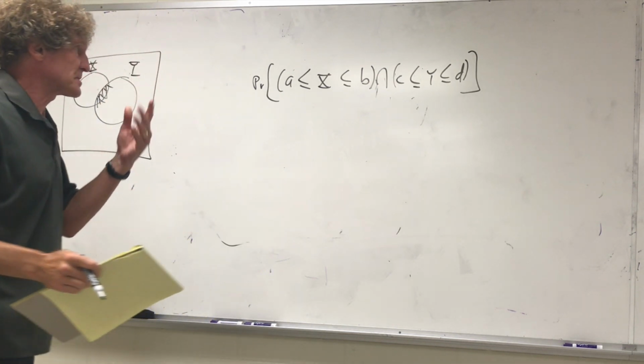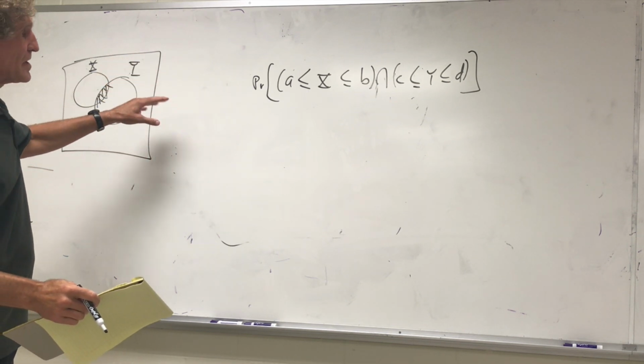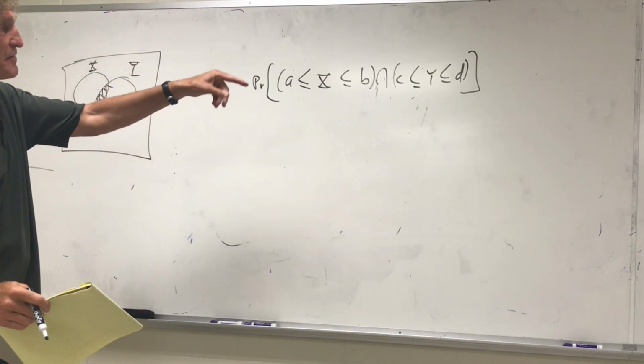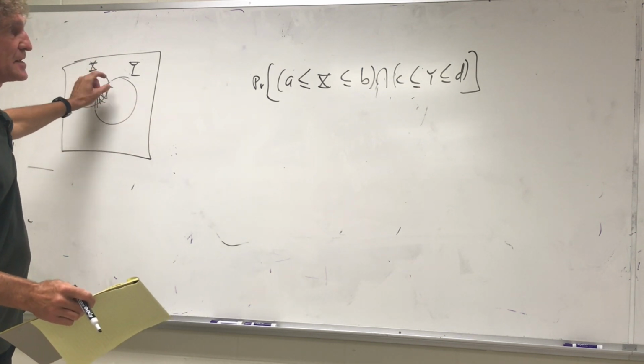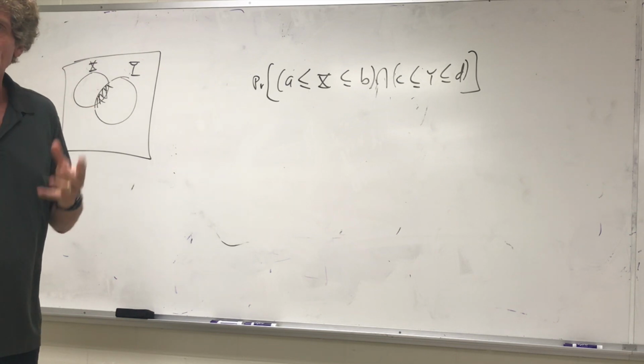Instead of having an overlapped area, it's limiting the values of X to be a certain range and Y to be a certain range. This would be like a square or rectangular area.